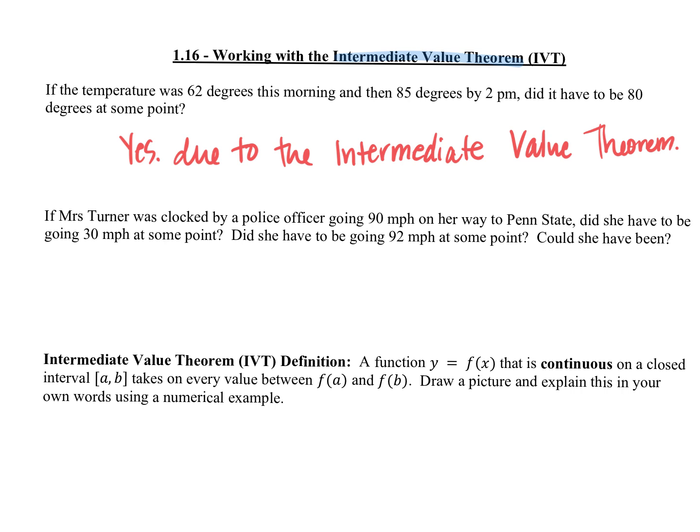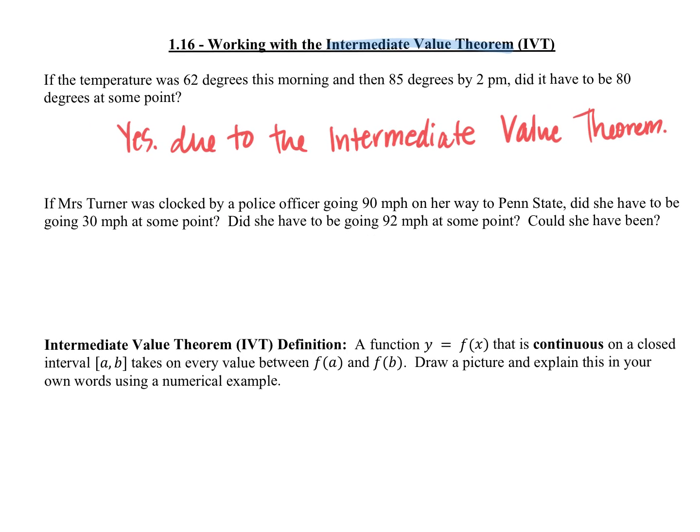If you just want to write IVT, AP is totally good with that. Okay, so now let's go ahead. If I was clocked by a police officer going 90 miles per hour on my way to Penn State, did I have to be going 30 miles per hour at some point? Yes.